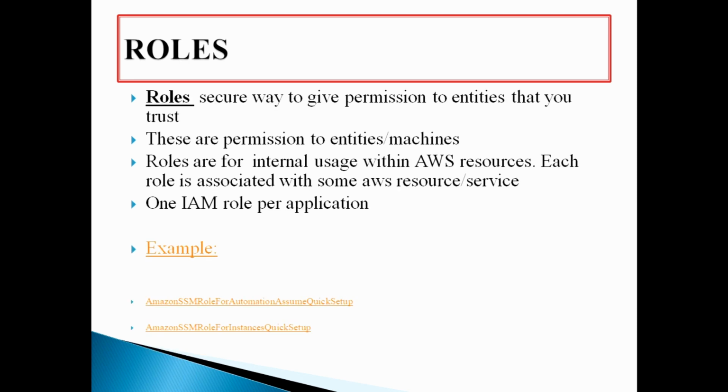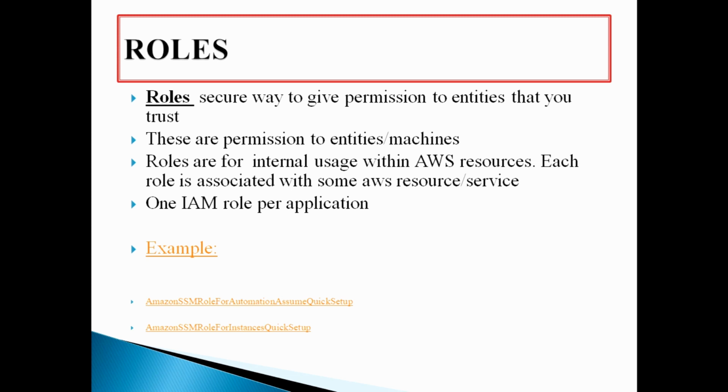Let's move on to the next slide. Now this is roles. What is a role? You have users and permissions for the users. These roles are meant for entities. Entities can be AWS resources, the machines.